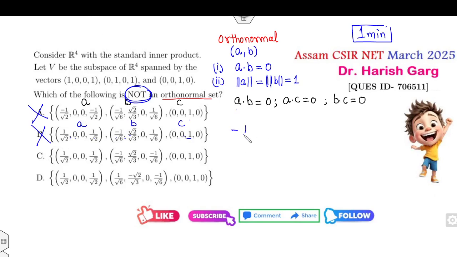A dot B is minus 1 over root 12 plus 0 minus 1 over root 12, which is not 0. So that means this is not orthonormal. Look at the last one. It's 1 by root 12, 0, 0, minus 1 by root 12, satisfied. 0, 0, 1, 0, satisfied, satisfied. Norm is also satisfied. So the right answer is C, that is my correct answer.